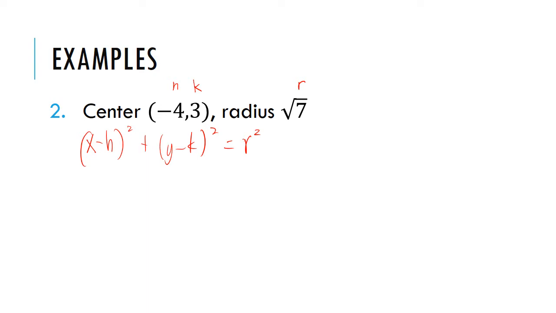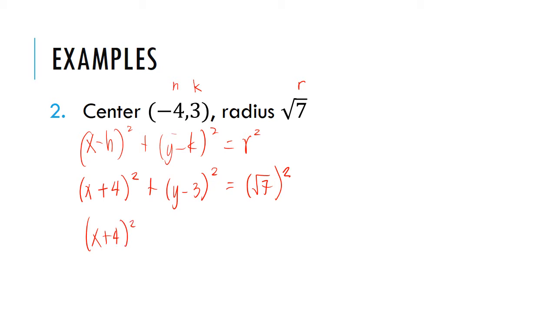Our radius is square root of 7, so that is r. Substituting the given values, we have x minus, since h is negative 4, this will become positive 4 squared, plus y minus 3 squared equals the square root of 7 squared, so y minus 3 squared equals 7.